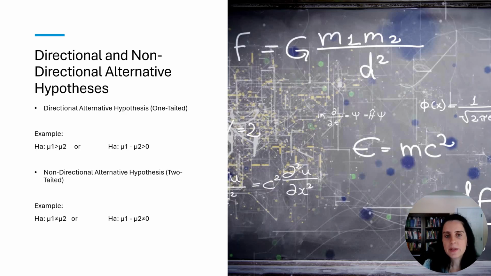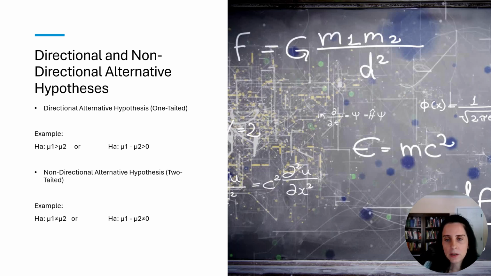There are two types of alternative hypothesis: directional or one-sided and non-directional or two-sided. A directional alternative hypothesis specifies the direction of the expected effect or difference. It states that one group or condition is expected to be greater or less than another. This type of hypothesis is used when there is a specific predicted direction of the relationship or difference.